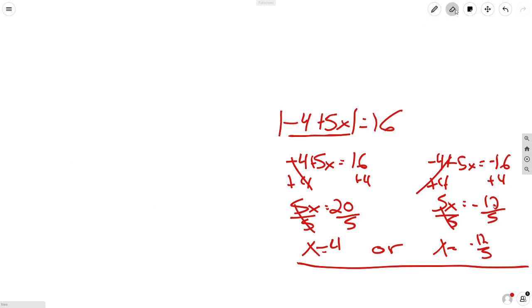So now we have 3 plus the absolute value of 8x minus 6 equals 3.